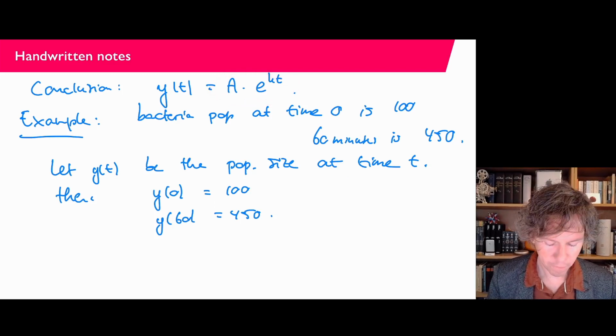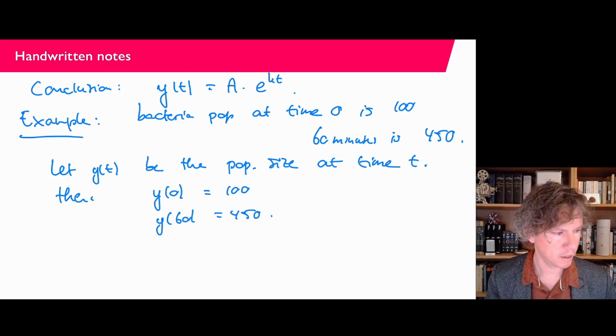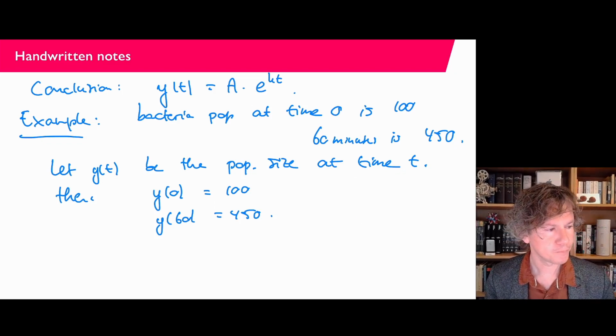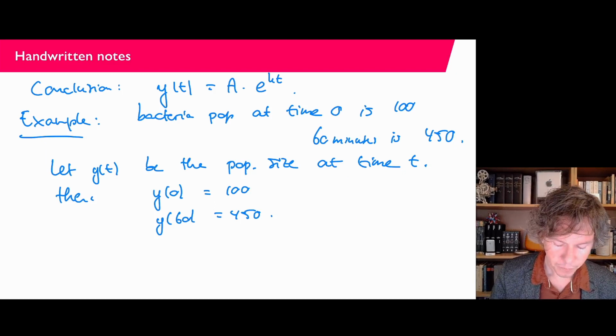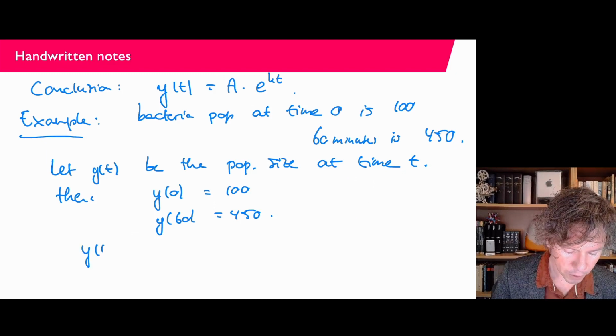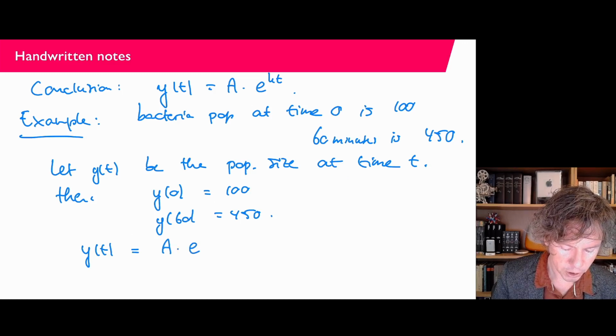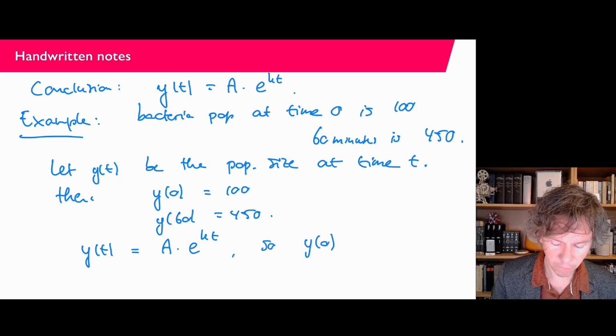And actually we can also compute k now. So let's see what we have. We know that y(t) is A times e to the power k times t. So y(0), if I use this formula, equals A. And I also know that it equals 100.